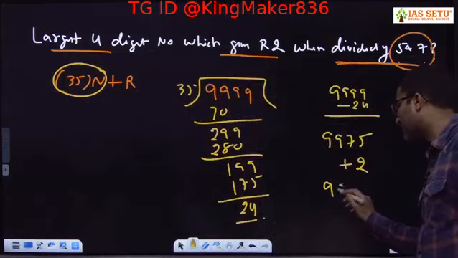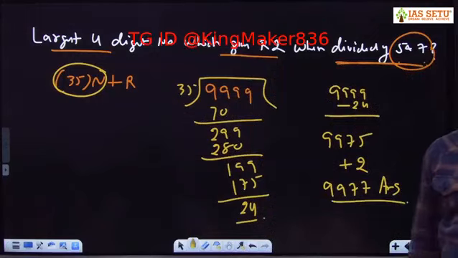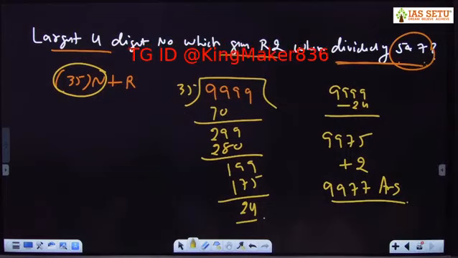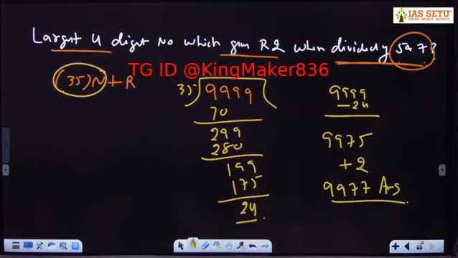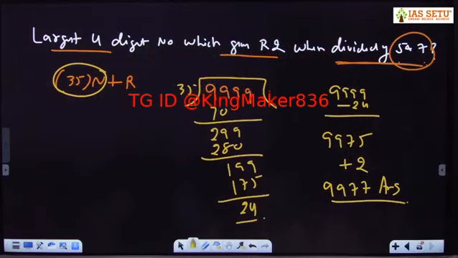So it means 9977 is our required number which gives remainder 2 when divided by 5 as well as 7. Let us try.